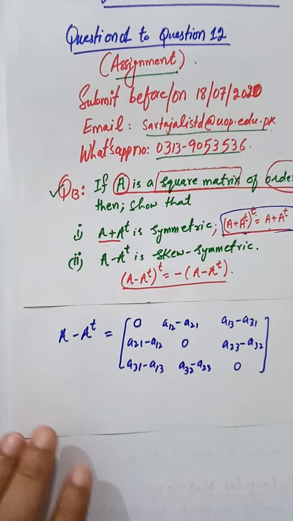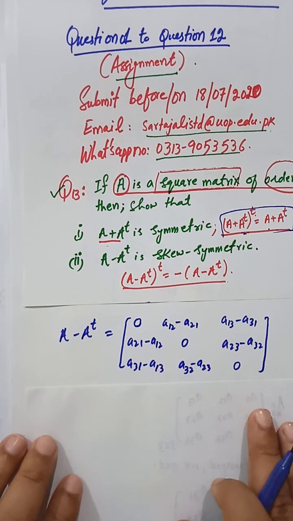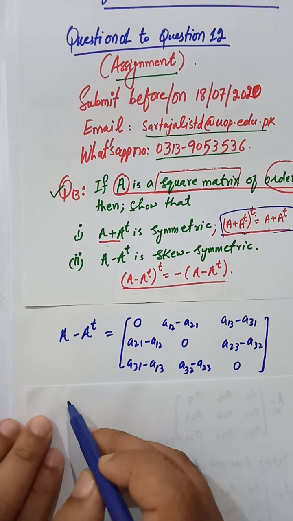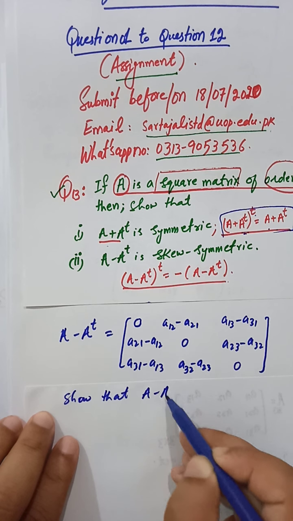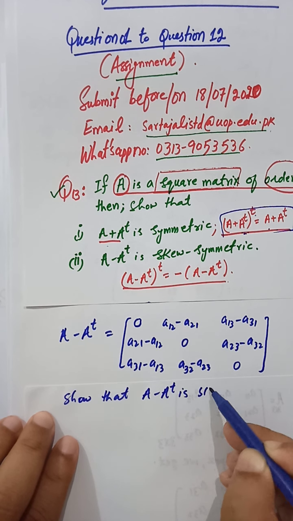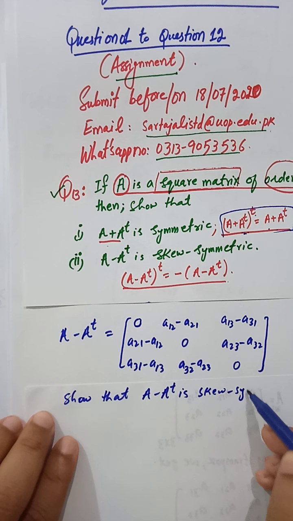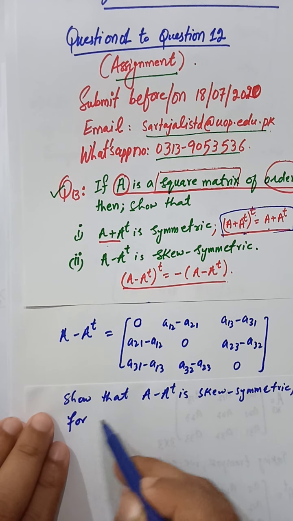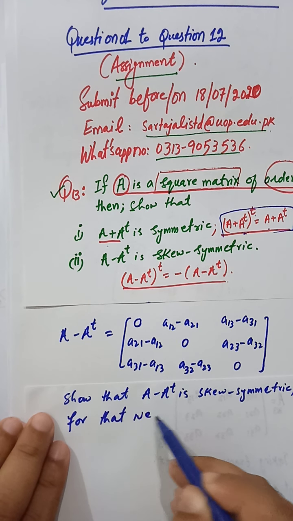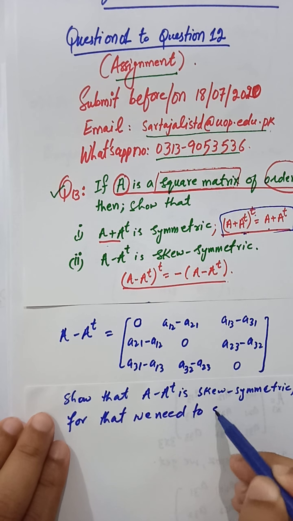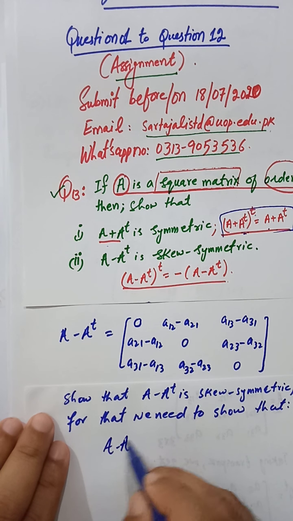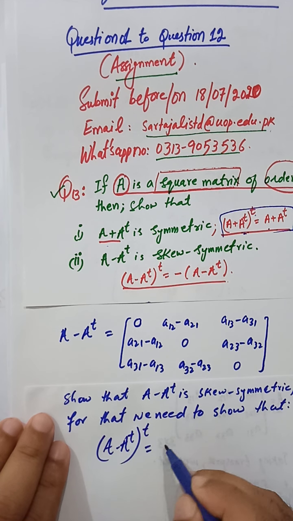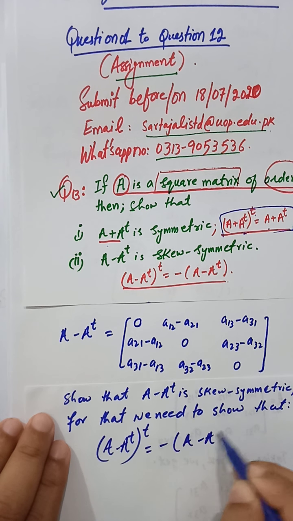Now if we need to show that A minus A transpose is a skew symmetric matrix, for that we need to show that A minus A transpose whole transpose is equal to minus times A minus A transpose.